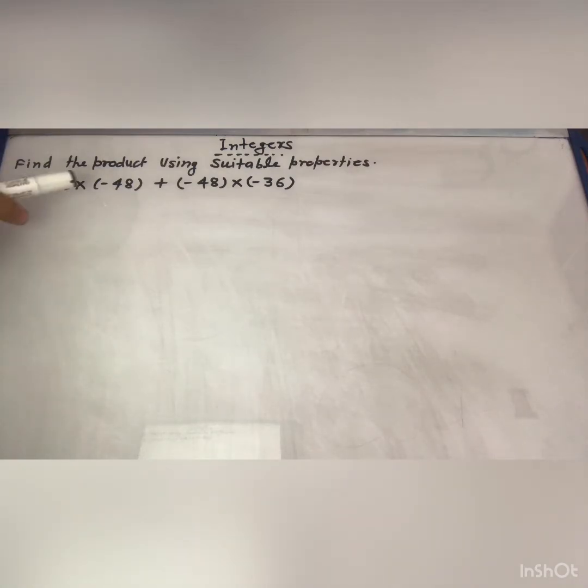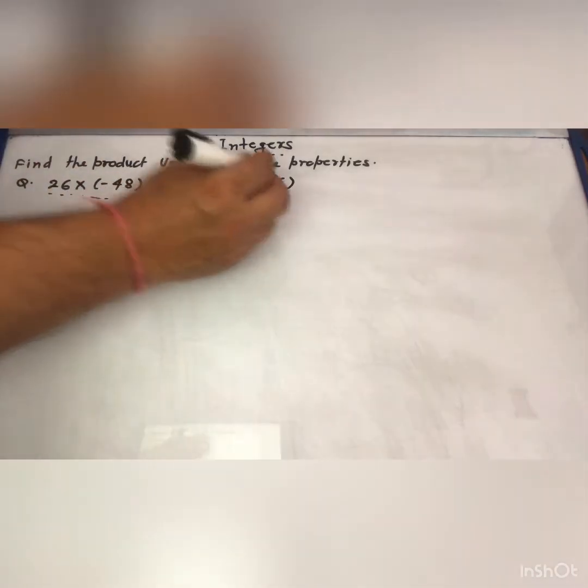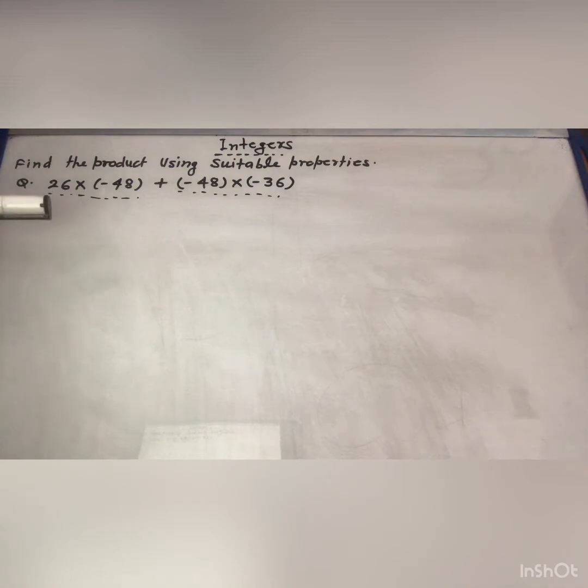So dear, first of all we will observe here. Here are two terms. This is the first term and this is the second term. Now in these two terms we will observe which number is present in both terms.